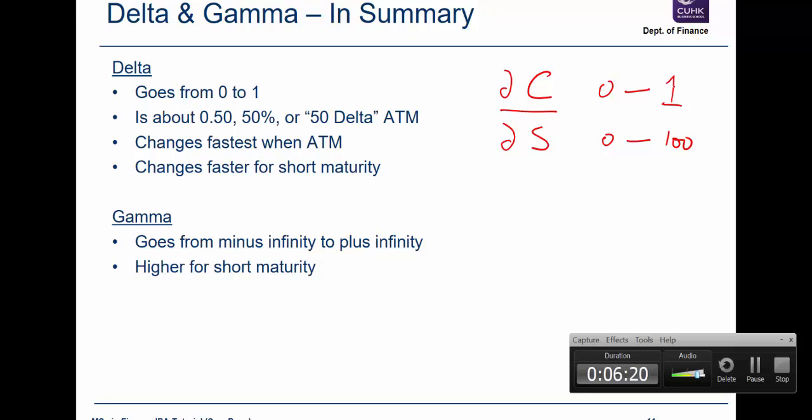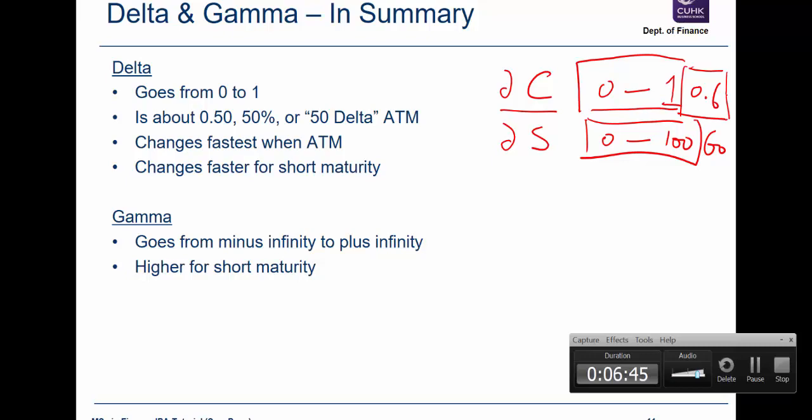If it's 0 to 100, it will take any number between 0 and 100. So if you use this system, then a delta of 0.6 is what you call 60 delta. So both ways. In books, literature and textbooks, normally you find this notation 0.6, but in trader circles, I think we tend to use 10, 20, 30, 40.